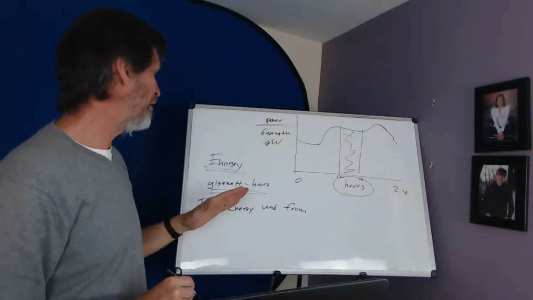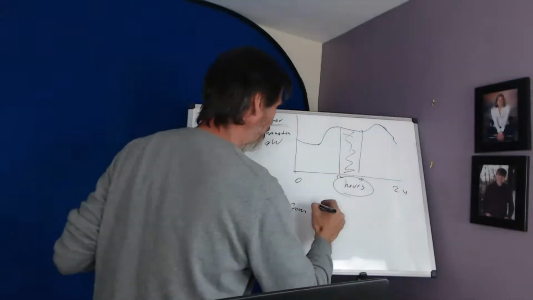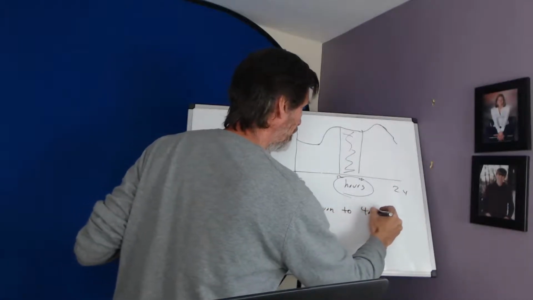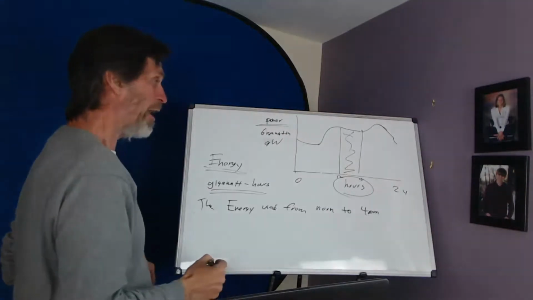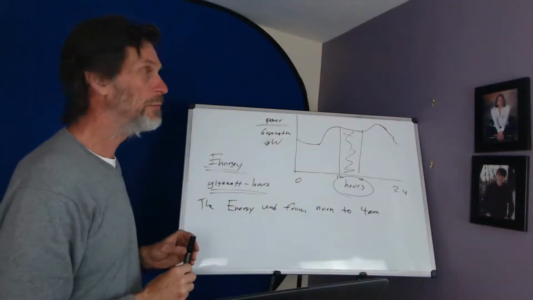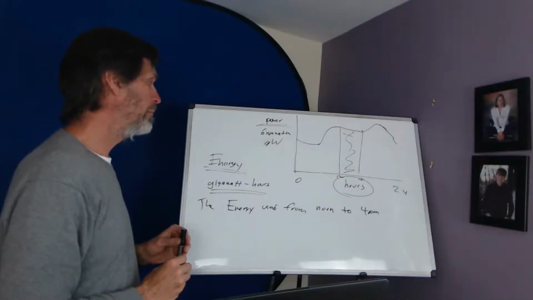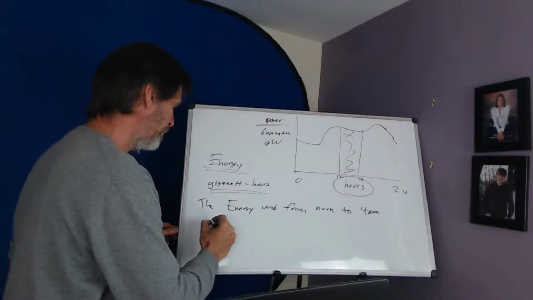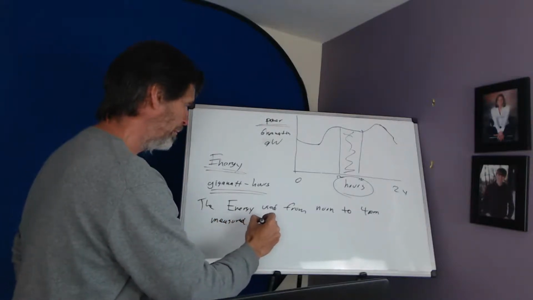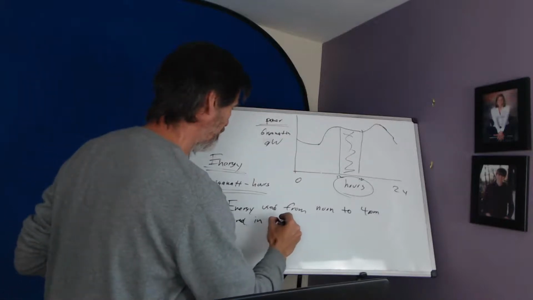Okay, so let's put this, and these are hours per day. So let's say the energy used from, how about noon to 4 p.m. on that specific day. And what will the units be for that energy? Gigawatt hours it is. Good.